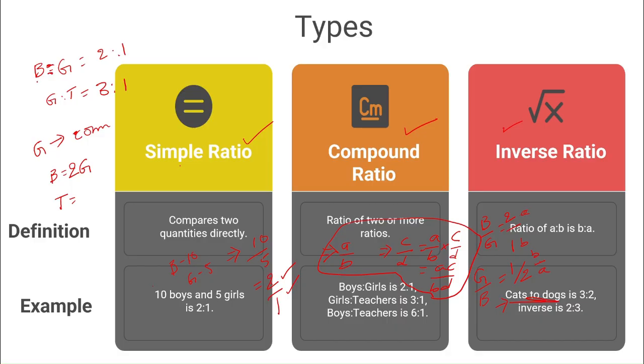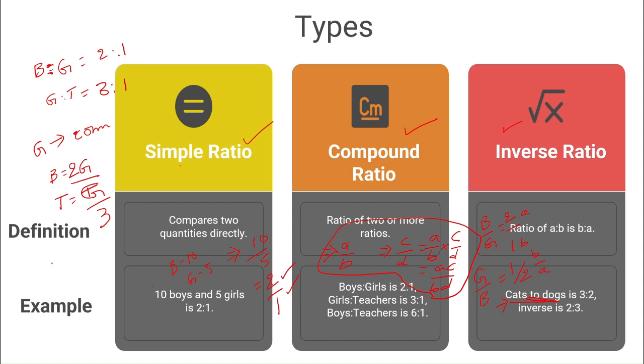So if I want to represent B in terms of girls, it will be 2G. And for each teacher there were 3 girls, so teachers would become G by 3.